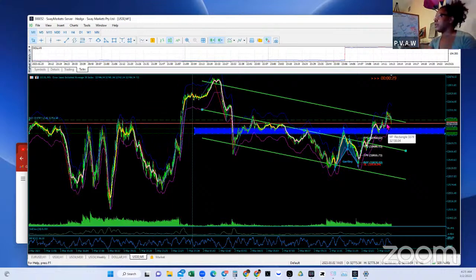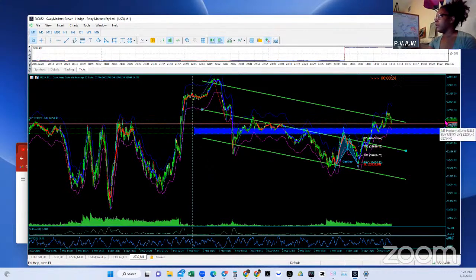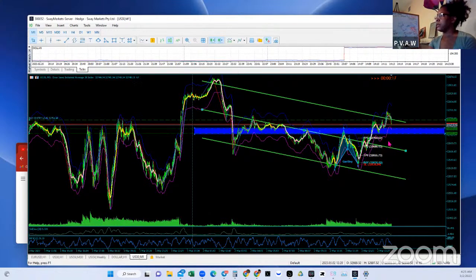If it breaks below that, then it's creating a whole new pattern. But right now we have a buy entry at 32754.40. We'll see what happens in here.